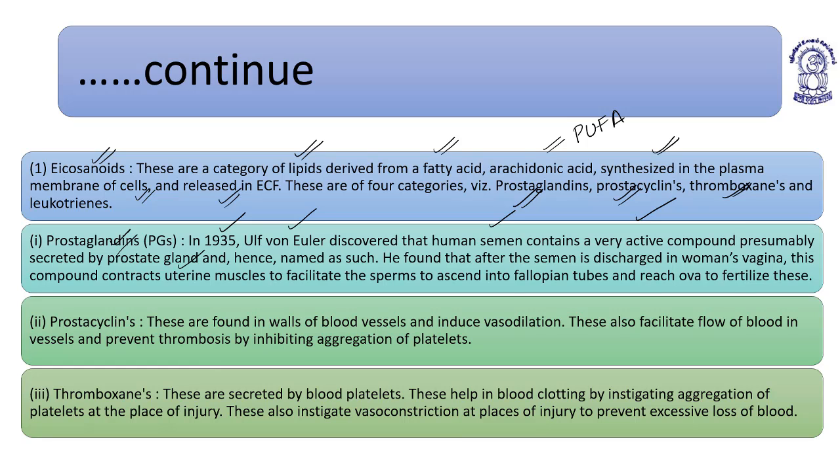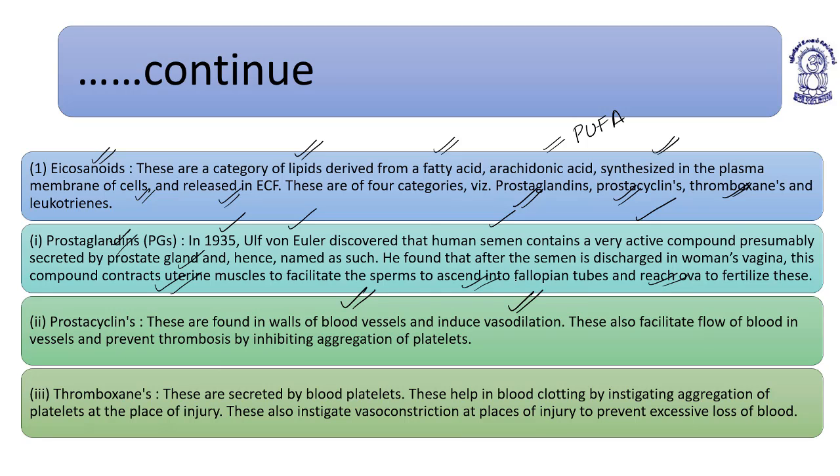He found that after the semen is discharged in a woman's vagina, this compound contracts uterine muscles to facilitate the sperms ascending into the fallopian tubes and reaching over to fertilize the ova. Then prostacyclins, these are found in the walls of blood vessels and induce vasodilation.